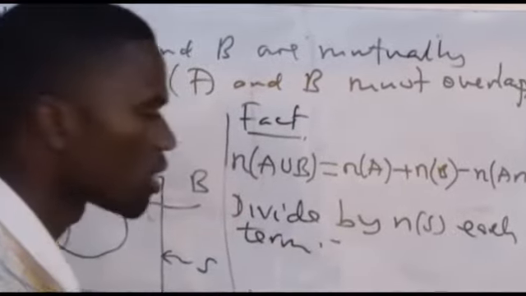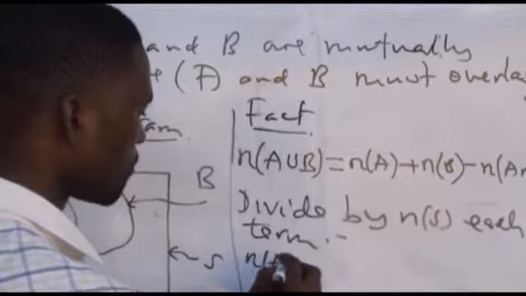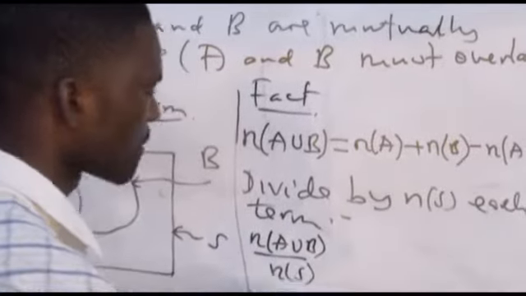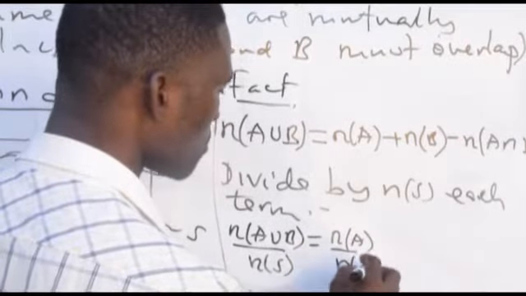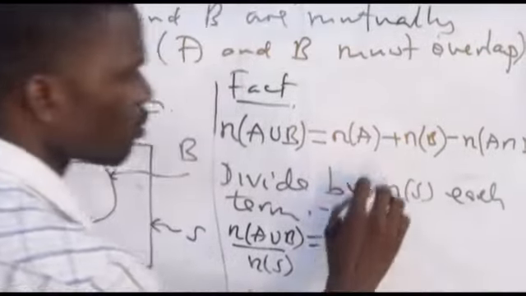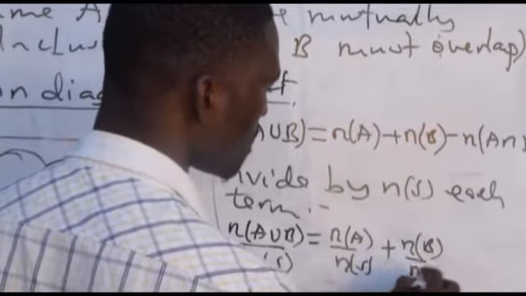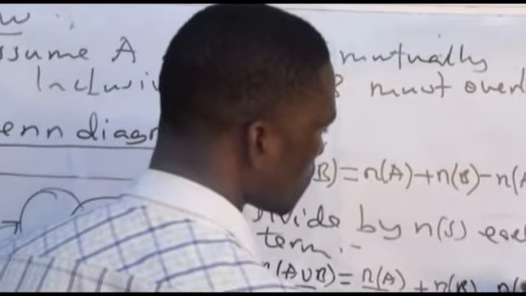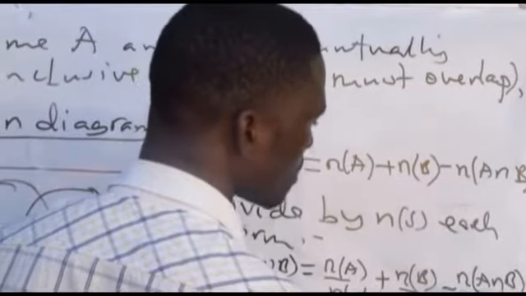So we divide the number of A union B by the number of sample space, which equals the number of A divided by the number of sample space, plus the number of B divided by the number of sample space, minus the number of A intersection B divided by the number of sample space.